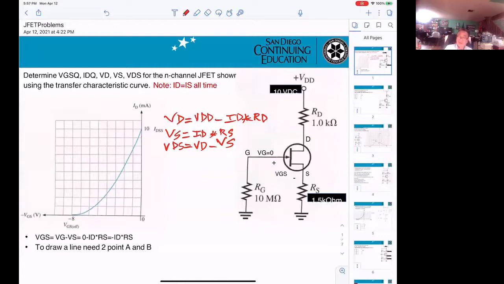Any question on this problem? If they give you the graphic, you know how to get the current IDQ and the VGSQ. The rest will be just normal, easy.